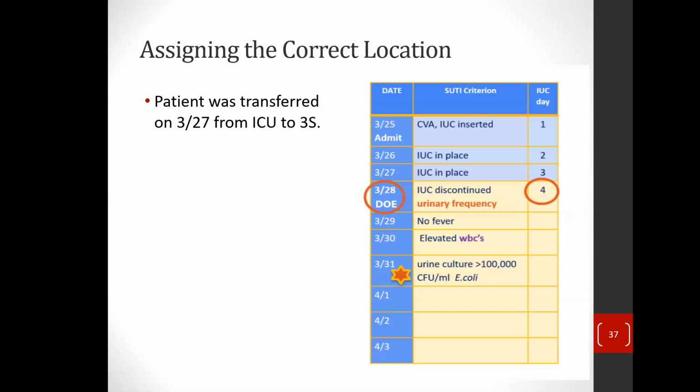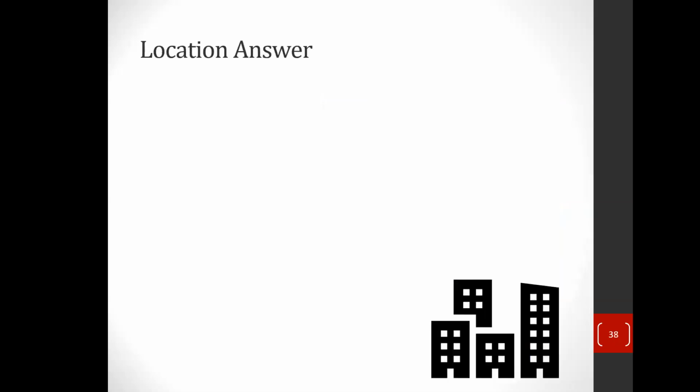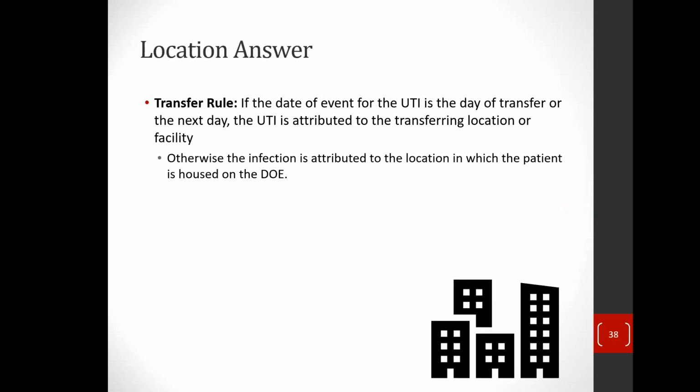Okay, so what are our transfer rules? So is it ICU or is it 3 South? So our answer is, if the date of event for the UTI is the day of transfer or the next day, the UTI is attributed to the transferring location. So what is the transferring location?